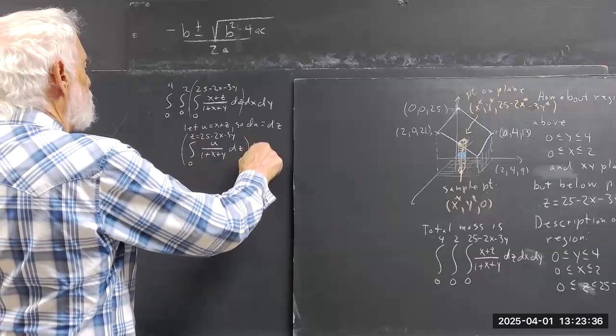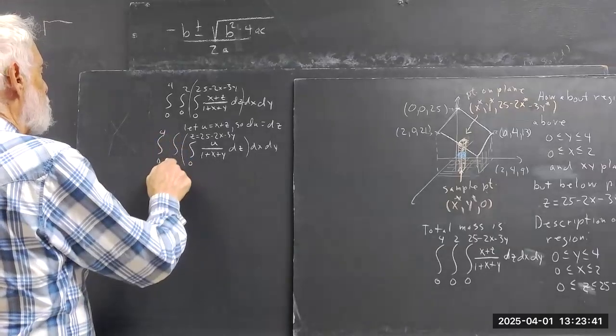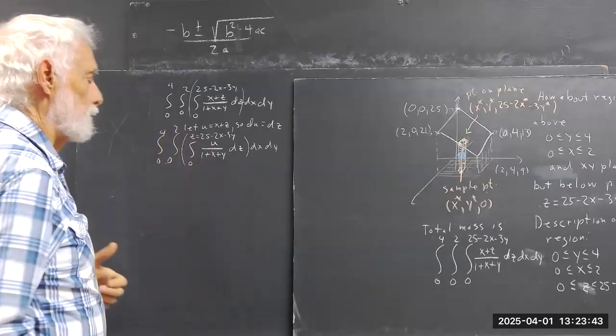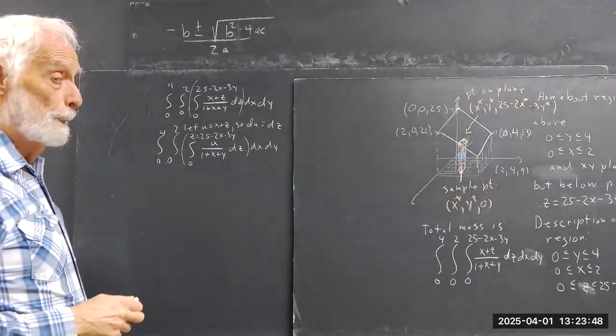Well, that's the integral, and then of course the other integrations are still there. So we look at this, right? Well, our antiderivative is u squared over 2, right?